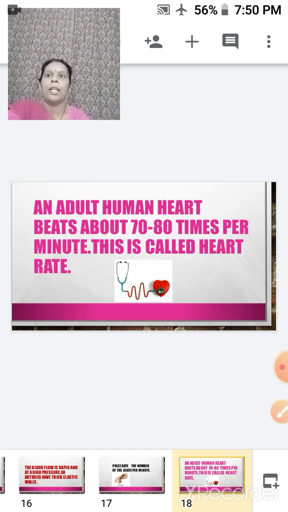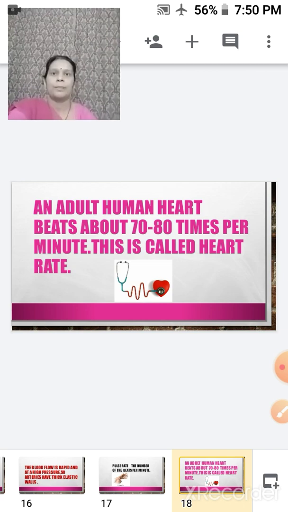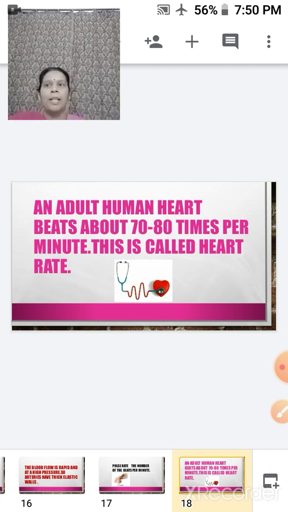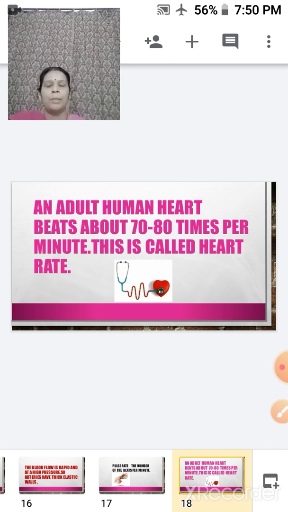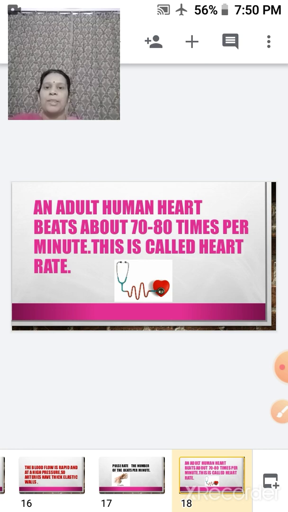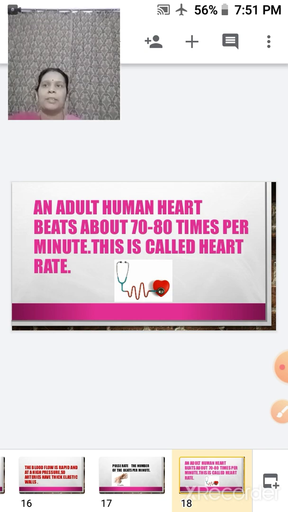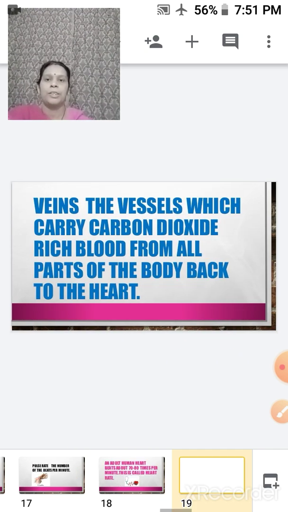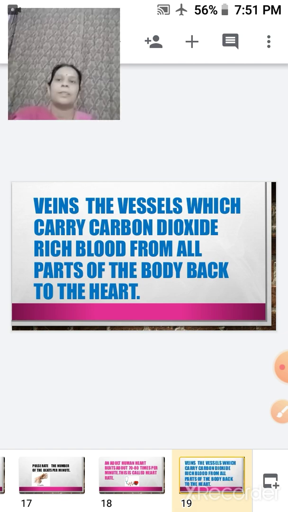As every heartbeat sends a pulse along these arteries, the rate of both the heartbeat as well as the pulse per minute is the same. So that is why it should be 70 to 80 times per minute. So I hope, in short, you have understood about the heartbeat, or the pulse rate.